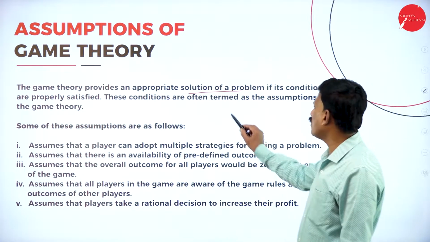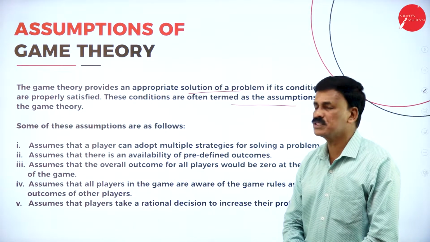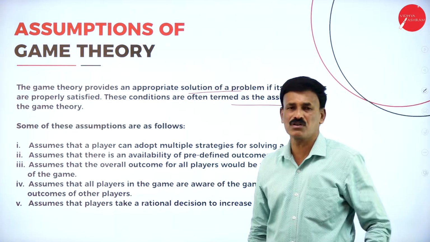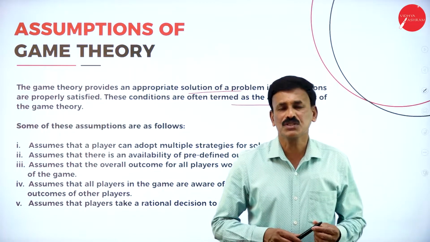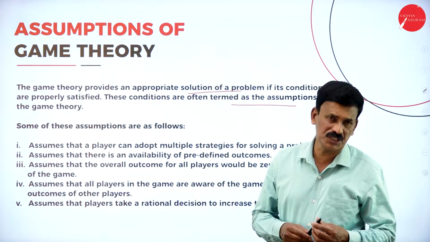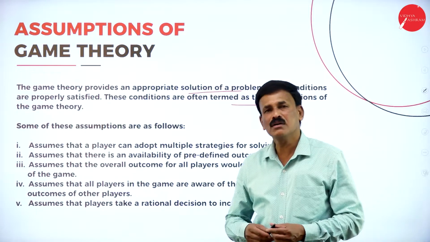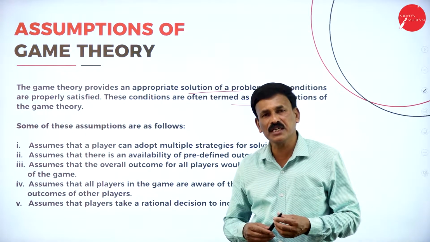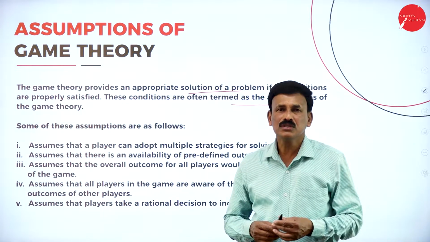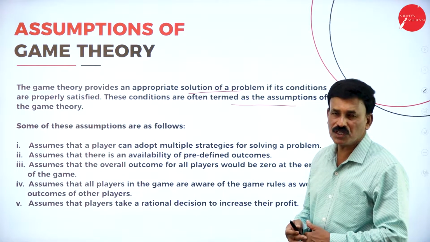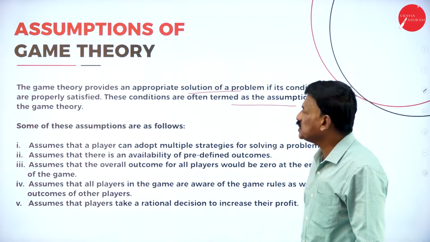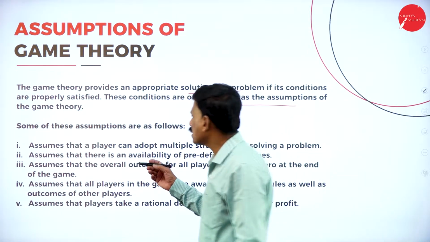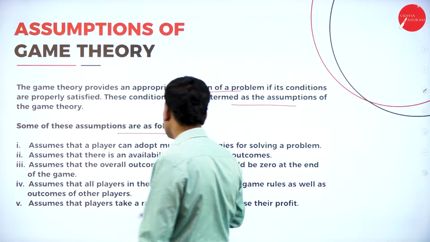These conditions are often termed the assumptions of game theory. So to get the appropriate solutions of a game, we are going to apply some conditions. Some of these assumptions or conditions are as follows.